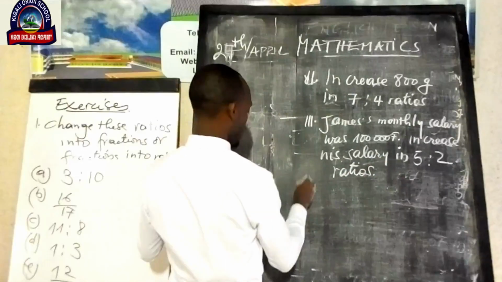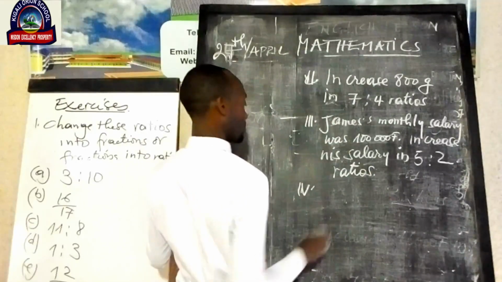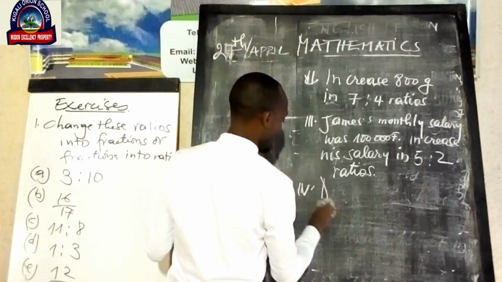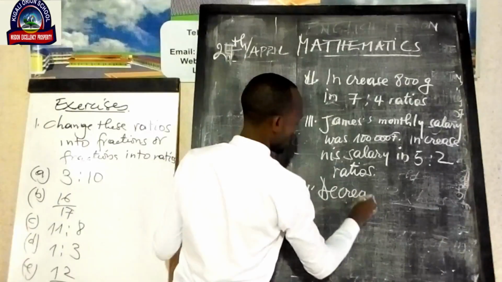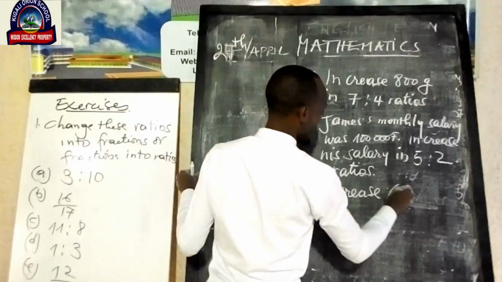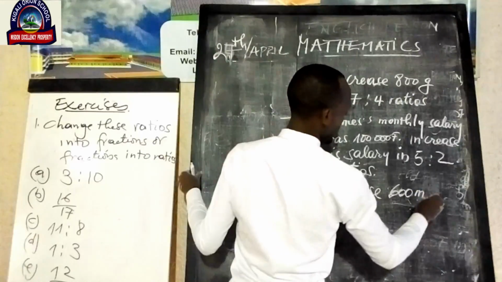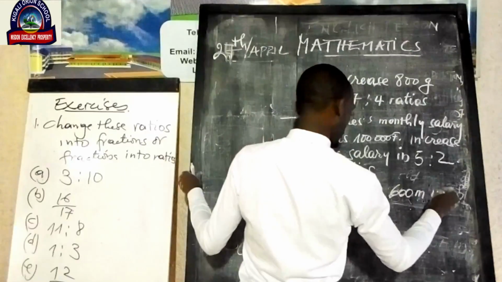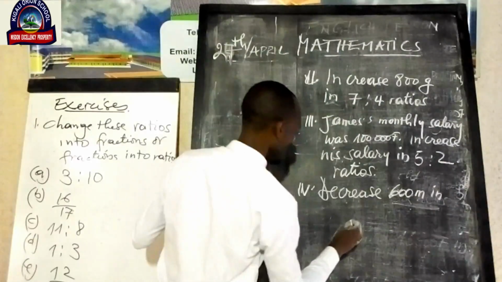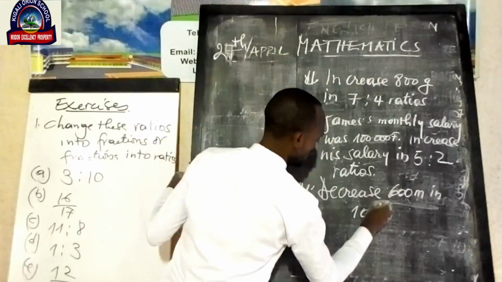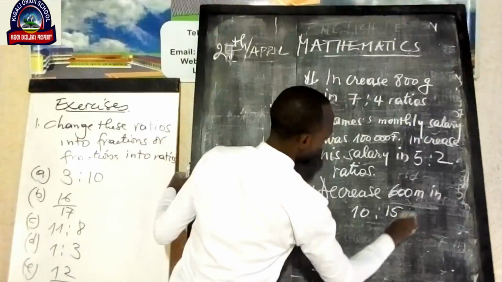Question number 4. Decrease 600 meters in 10:15 ratios.